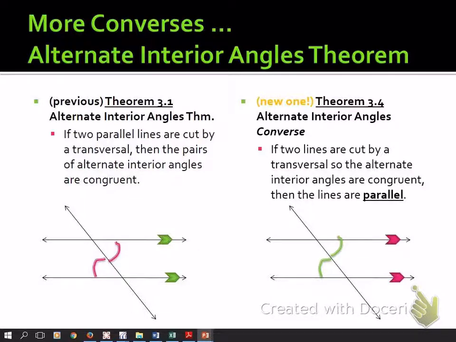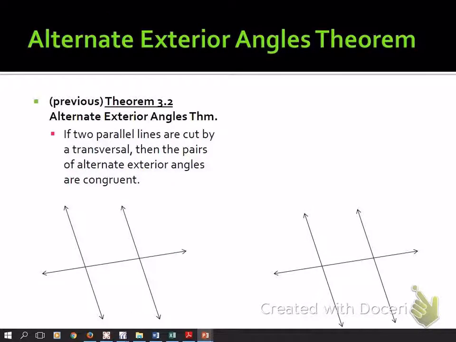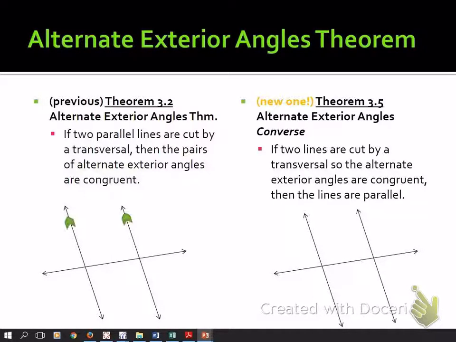And so that's another way we can prove two lines parallel. Same thing with alternate exterior angles, right? The original theorem said that if we knew the parallel lines first, then congruent alternate exterior angles. The converse says congruent alternate exterior angles first, then the lines are parallel.